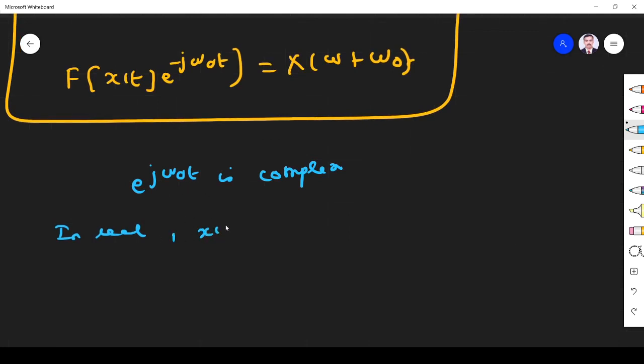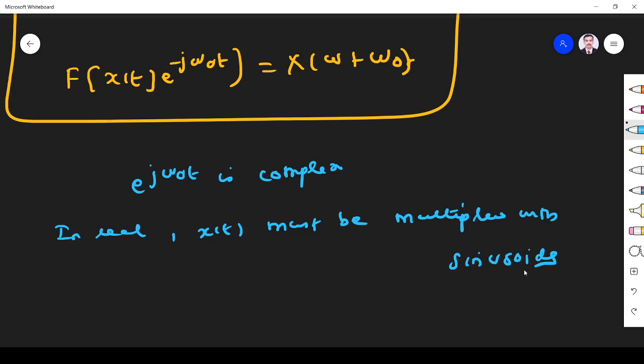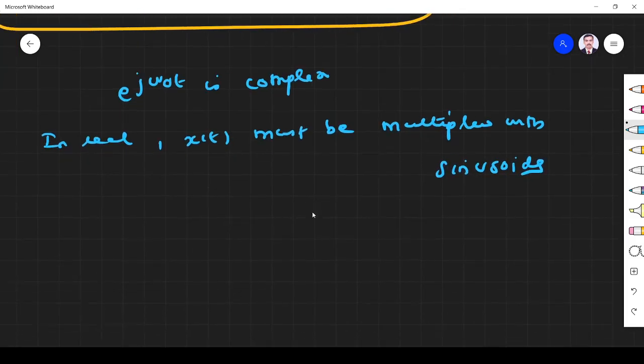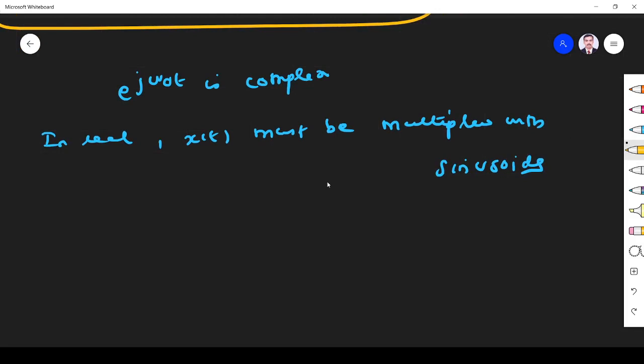It can be multiplied with sinusoids. In real, x of t must be multiplied with sinusoids. That's very important. So x of t into e power j omega naught t we don't normally have in practice. What we have is x of t into cos omega naught t.